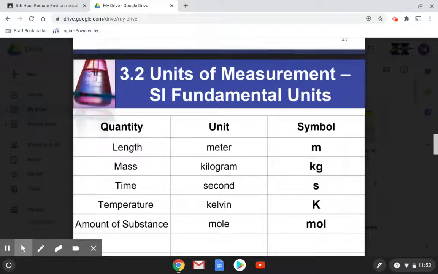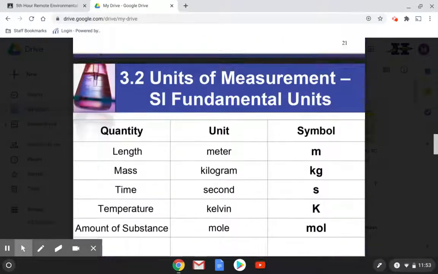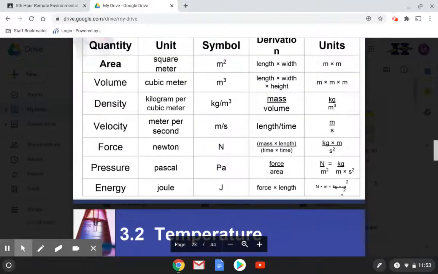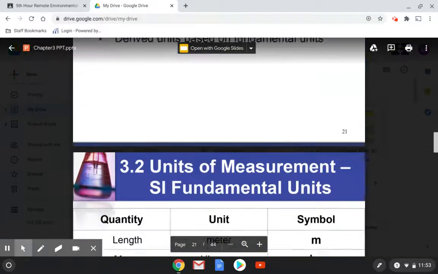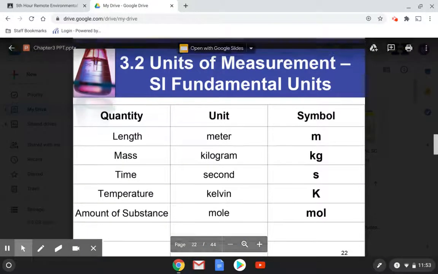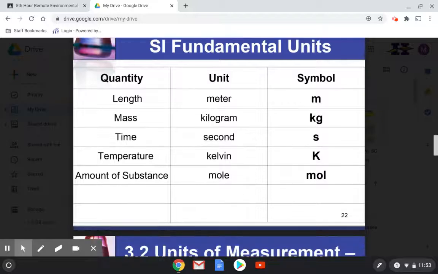So if we look at the SI fundamental units, we look at length, mass, time, temperature, amount of substance. Looks like we are possibly missing some. Yeah, possibly. But these fundamental units are going to be seen in everything.